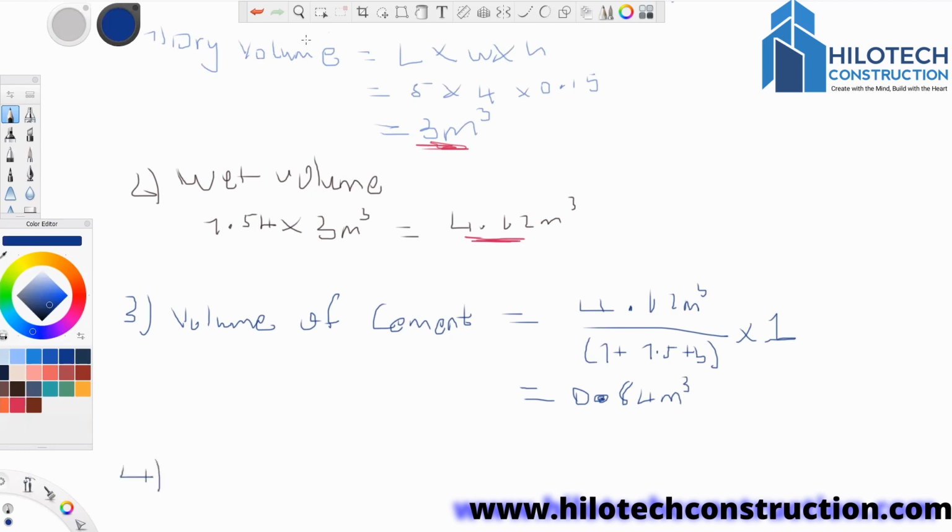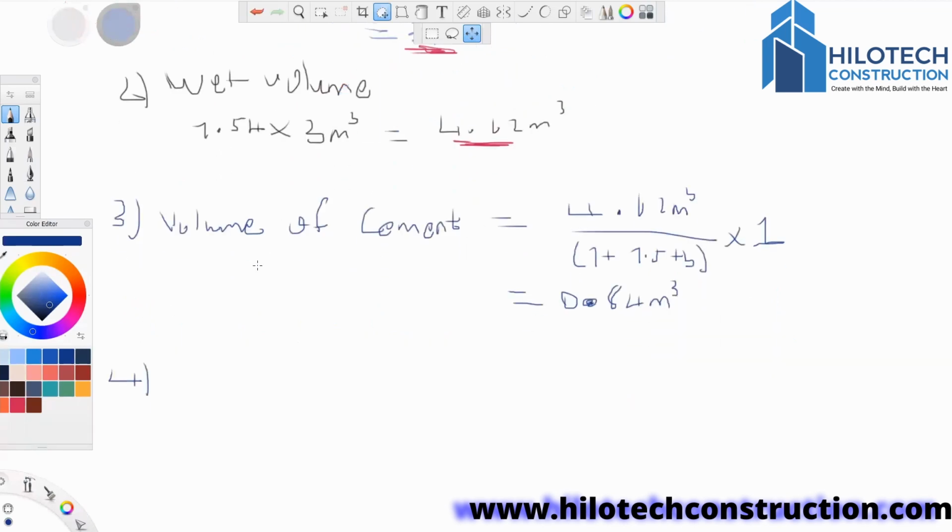So now, moving on, we know that the density of cement is equal to 1,440 kilograms per meters cubed.